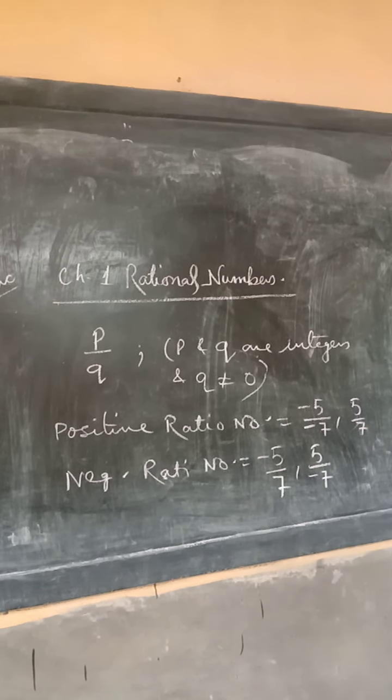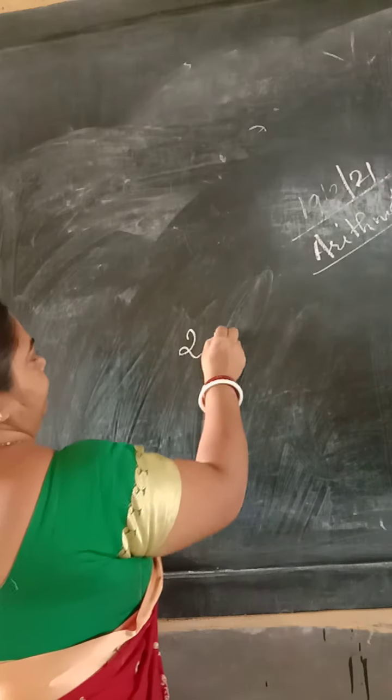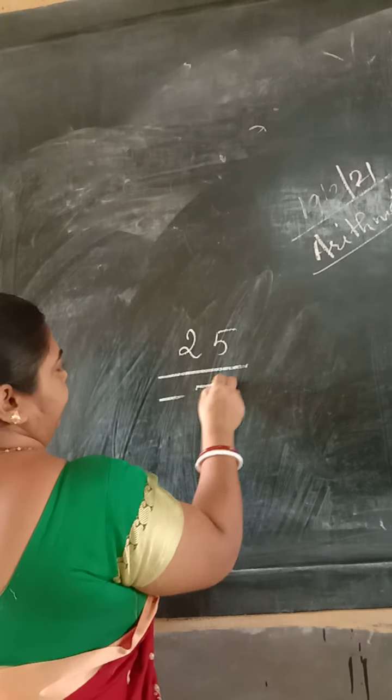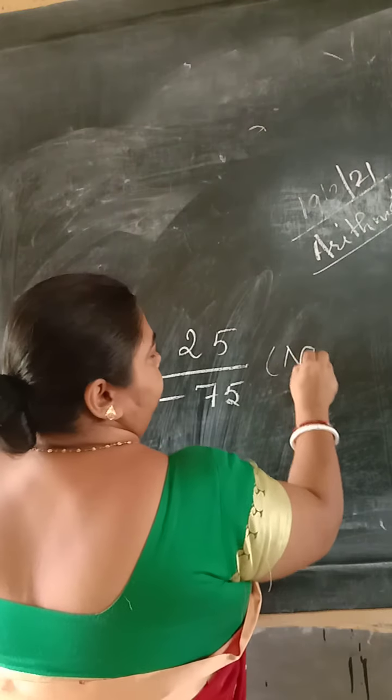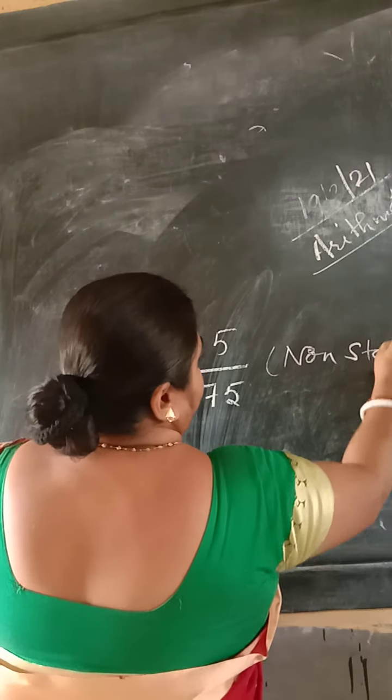If the denominator is negative, it is the non-standard form of a rational number. So we can rewrite it with a positive denominator and negative numerator. Now you see, if it is 25 by minus 75, it is the non-standard form of a rational number.